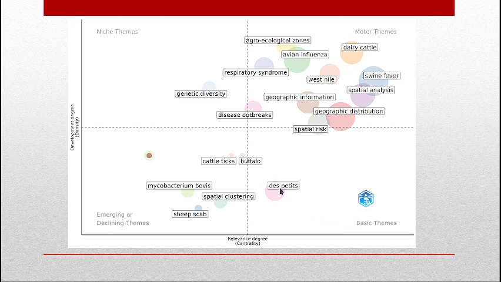It means its centrality is higher, meaning it is connected with other communities of words, but its development is low.